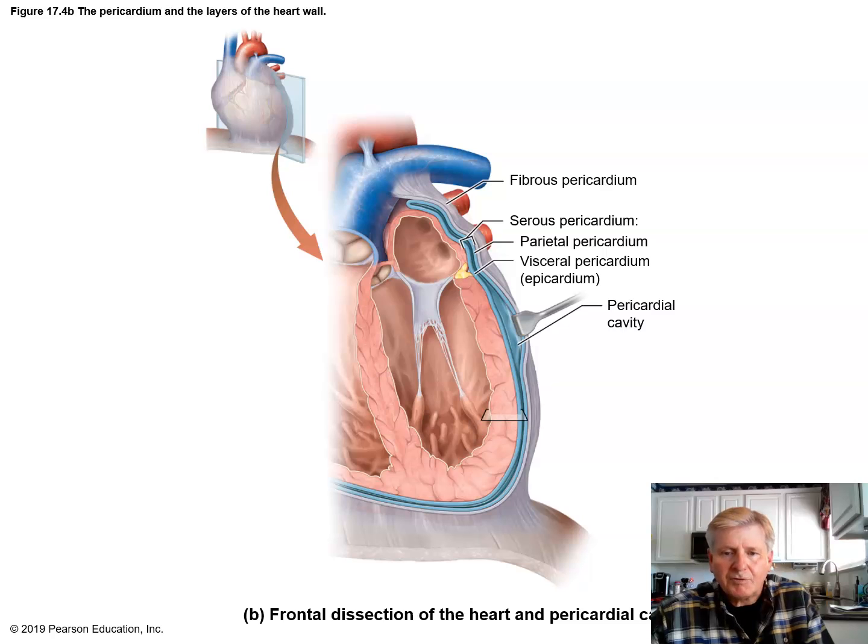These are both simple squamous epithelium, and when the heart is forming, this layer basically turns in on itself, okay, and then becomes the epicardium or the visceral pericardium. And of course, the outer connective tissue, the thickest layer, is going to be the fibrous pericardium, and you can see it anchors the membranes to the other structures like the great vessels and the diaphragm.